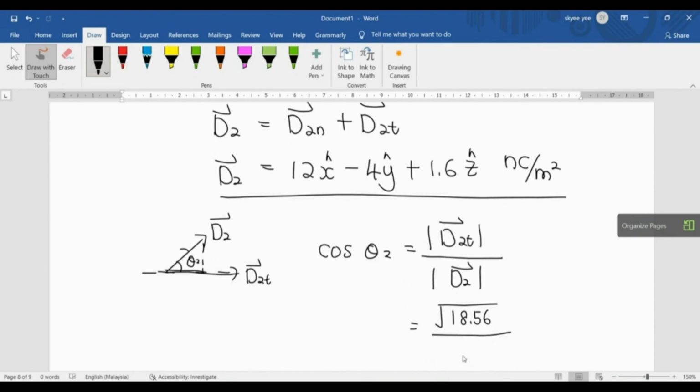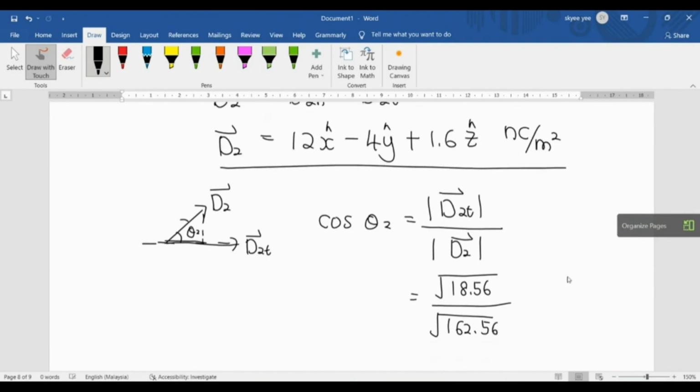The D2 will be 144 plus 16 plus 1.6 squared, so it will be the square root of 162.56.